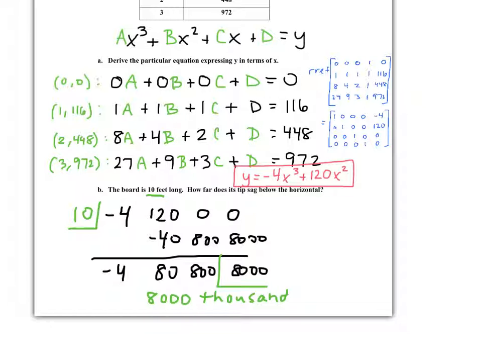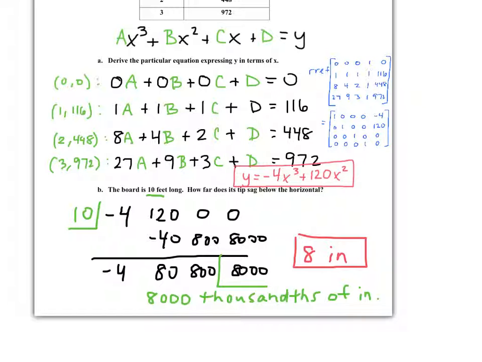How many inches are we talking about? 8,000 thousandths of an inch is simply 8 inches. So if you have a board that's 10 feet long, its tip can sag 8 inches below the horizontal.